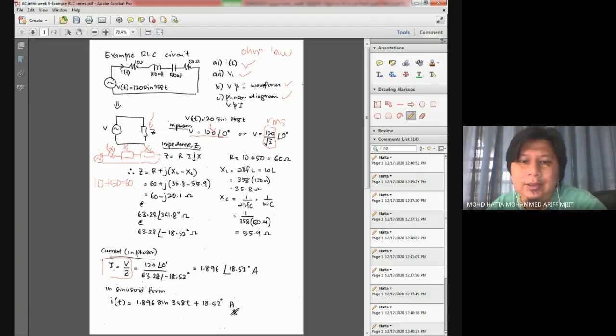In calculation, it's fine using this peak value in manual calculation, but in practical, if you would like to compare your practical measurement and your calculation, you need to consider this RMS value. Okay, but the rest of the calculation is using the peak value over here. This is just a reminder for you guys. Whenever you try to compare your measurement in practical and your calculation, make sure you consider the RMS as well.